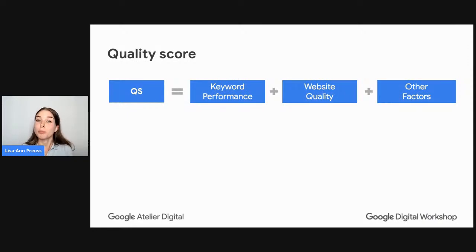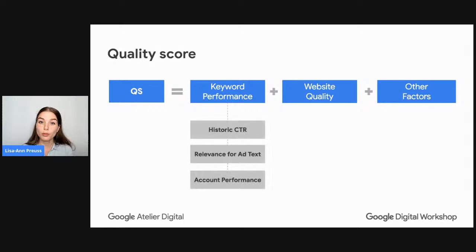since this is such an important metric, it's likewise important to understand the different criteria that it's made up of. First off, a very, very important criteria for the quality score is keyword performance.